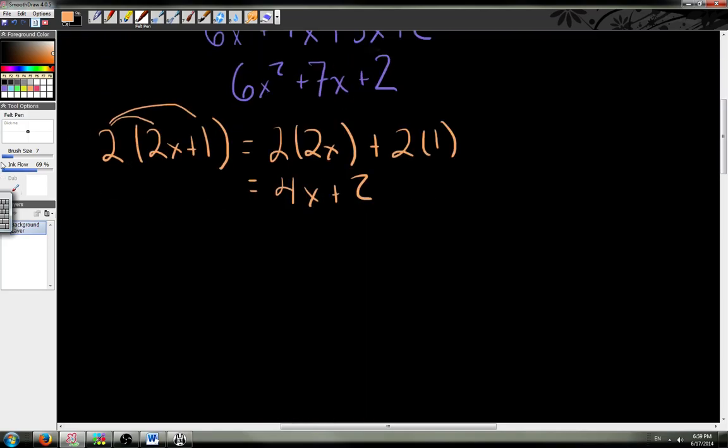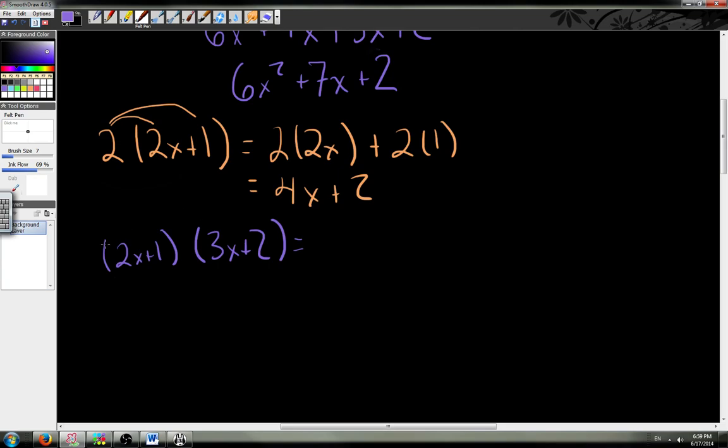So let's take our problem from before, 2x plus 1 times 3x plus 2. I feel like when we teach this, we don't even have to talk about FOIL. We don't have to have a mnemonic device. All we have to say is that it's just the distributive property.